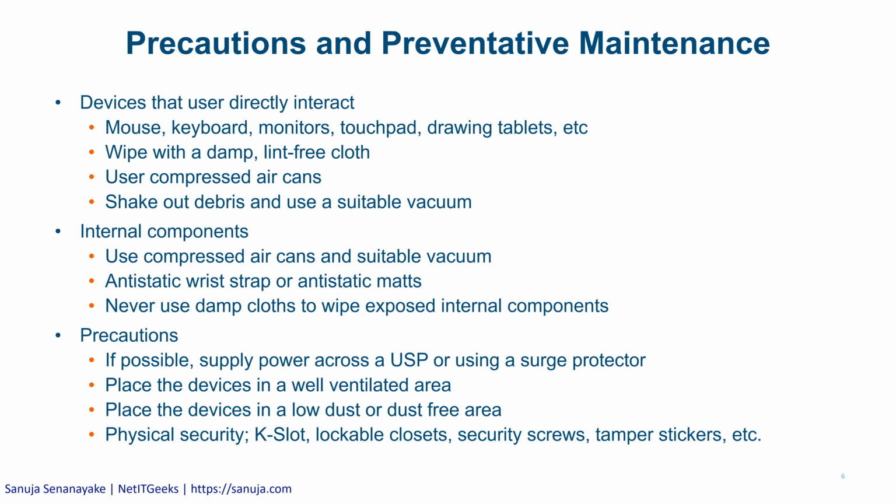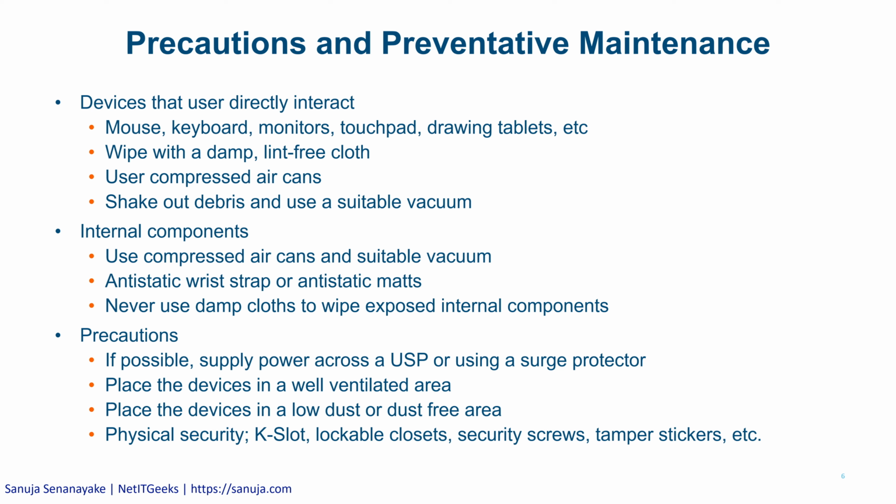Tamper stickers. You can prevent tampering by your end user by putting on tamper stickers. When somebody tries to remove it, the sticker will break. You can buy hundreds of those stickers from eBay and many other places. Amazon has them too. So if you are a computer technician supplying devices to your frontline end users, you can put those tamper stickers wherever the case can be opened.